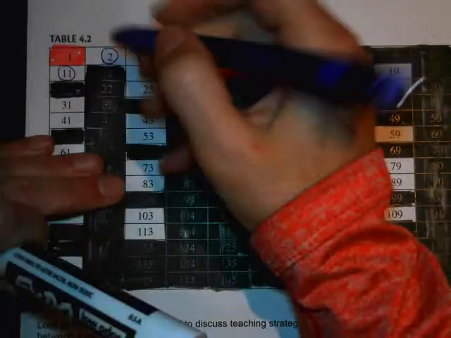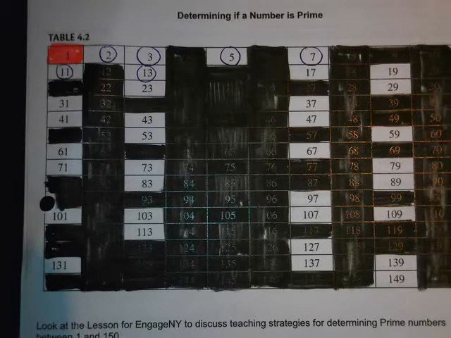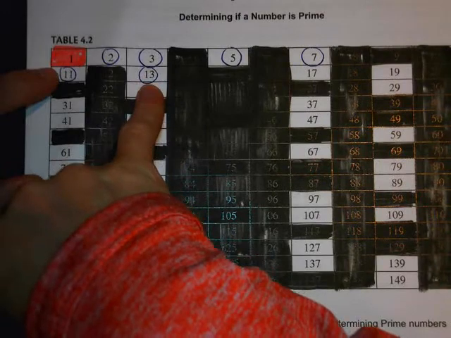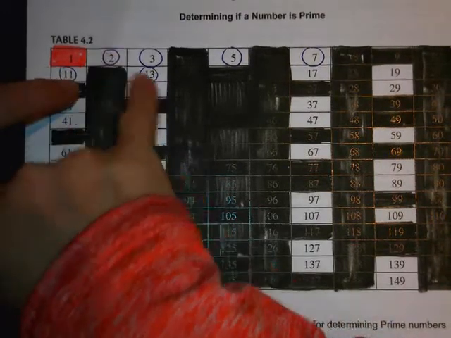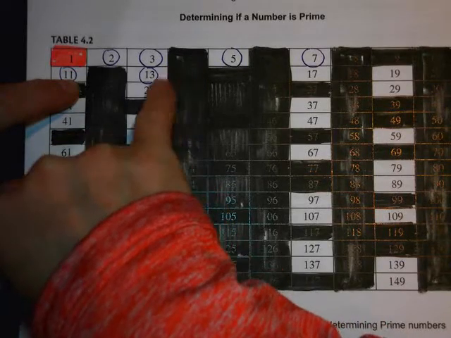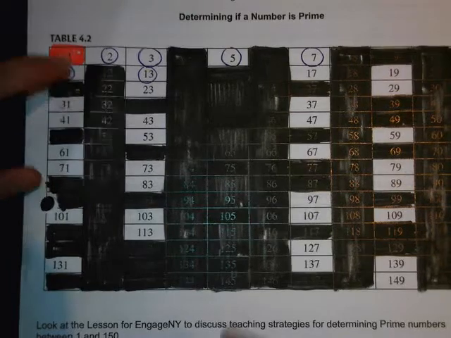All right, I'm hoping you know where to start, but I'm going to repeat it one more time. I need to cross off all the multiples of 13, but I've crossed off 13 times 2, 13 times 3, 13 times 4, right? These are multiples of 13, so these can't be prime. I've crossed off 13 times 5, 13 times 6.